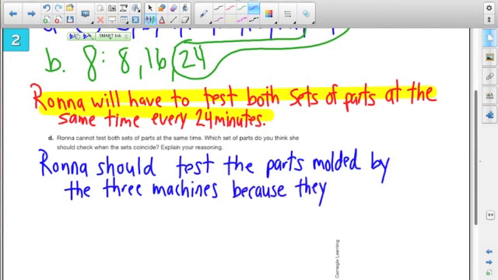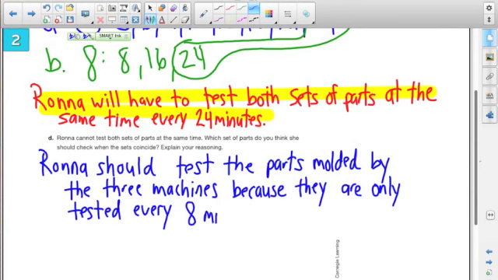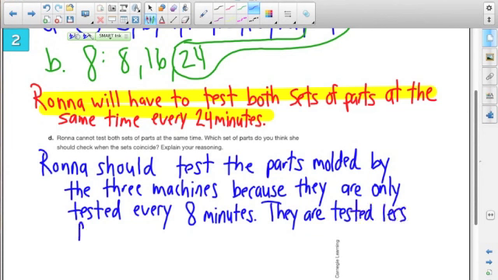She's tested more of the parts that she checks every 3 minutes. So it makes more sense to check the ones that are coming in every 8 minutes when she's supposed to be checking both of those parts at the same time, which would be impossible if they're in two separate parts of the shop.